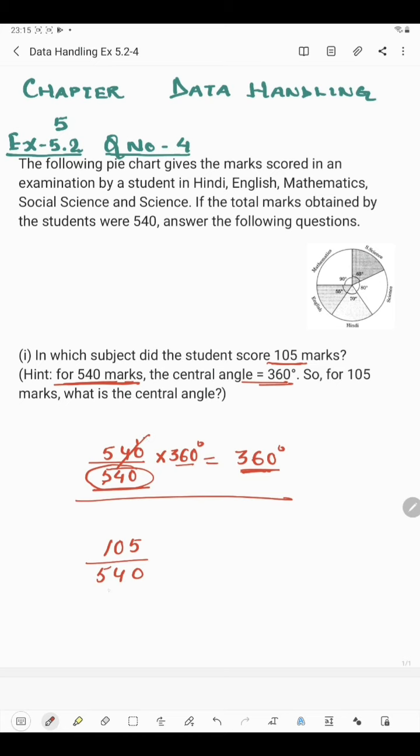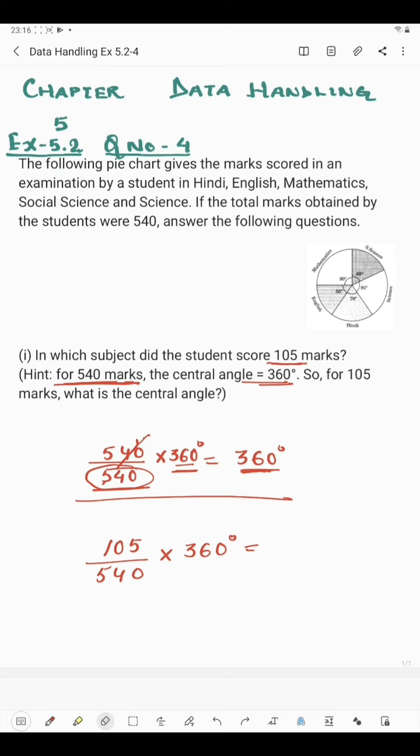If the total score is 540 and the student gets 105 marks out of 540, then it will be written as 105 upon 540, multiplied by 360 degree. Whatever we get after multiplication will be the central angle, and after getting the central angle we can easily find the subject from this pie chart, right?